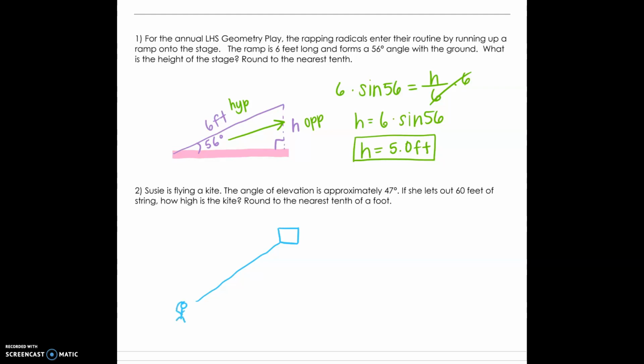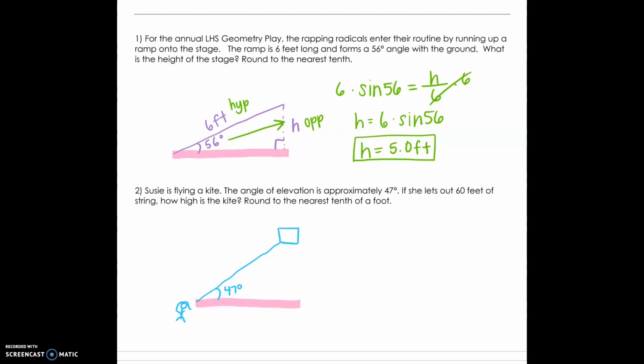Susie is down here flying the kite. It says that our angle of elevation is approximately 47 degrees. So remember, our angle of elevation is always formed by a horizontal line and a diagonal. So we know that this angle here is our angle of elevation, which is 47 degrees.